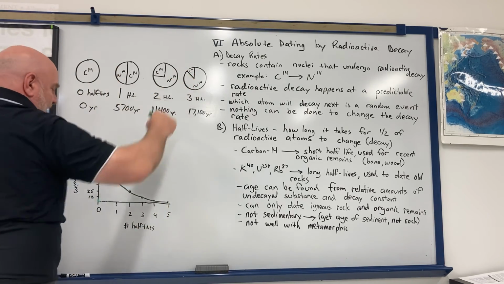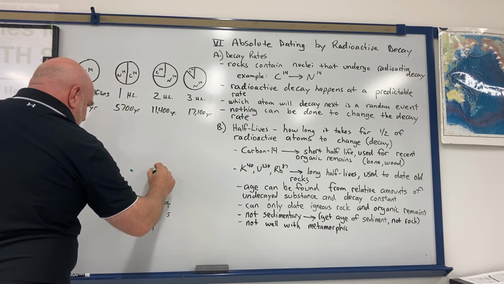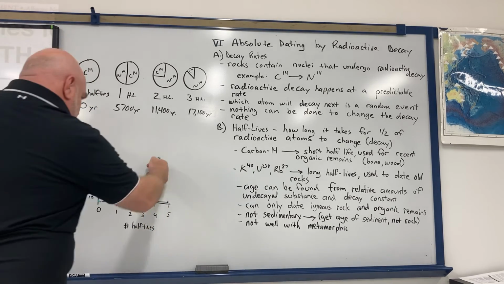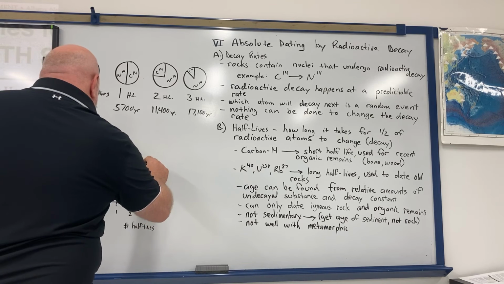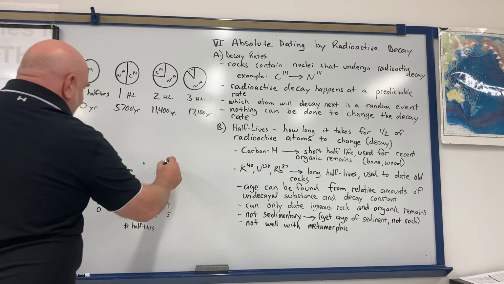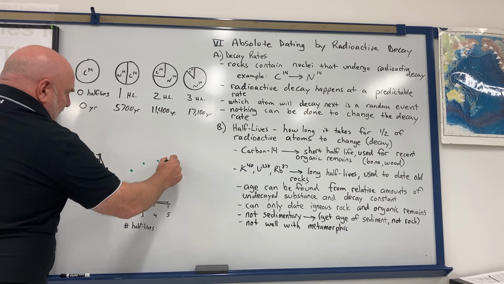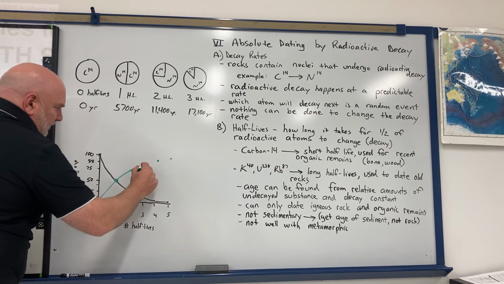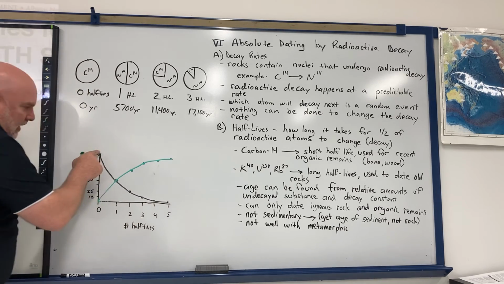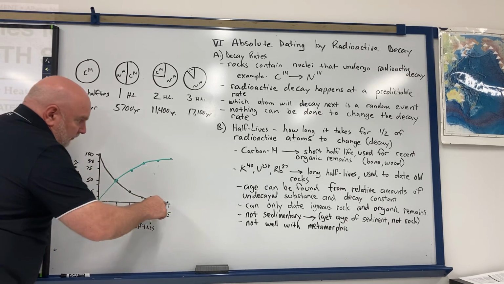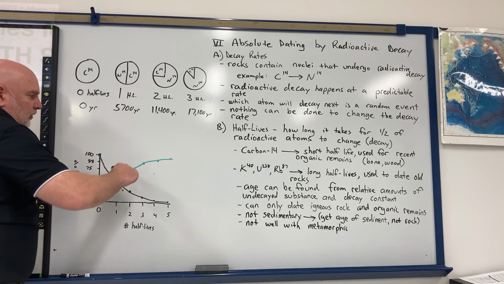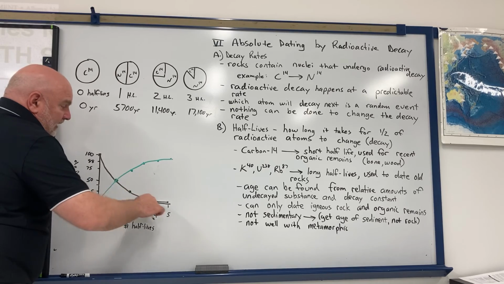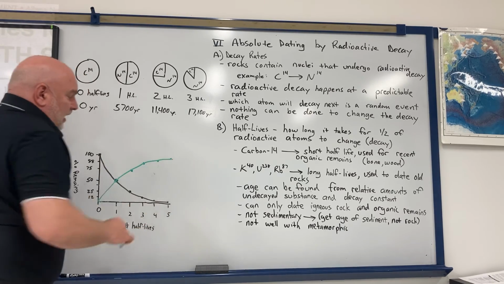After 3 half-lives, I have about 88% nitrogen. 4 half-lives would be like 93, then 96. So the amount of nitrogen I have is getting closer and closer to 100, and the amount of carbon is getting closer and closer to 0. As the carbon goes down, the nitrogen goes up.